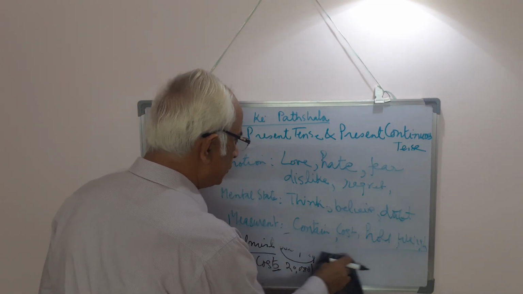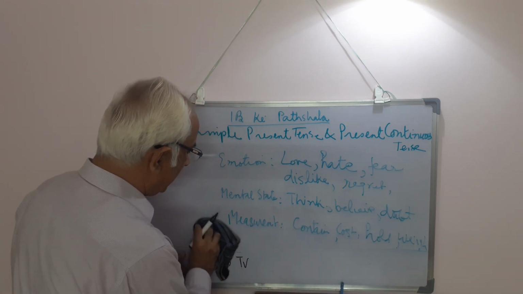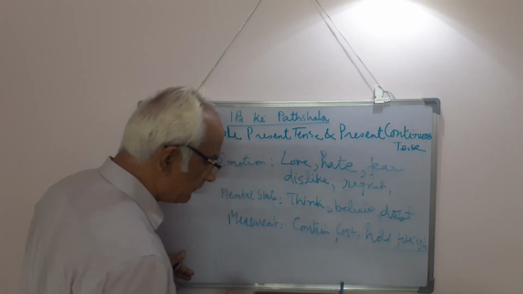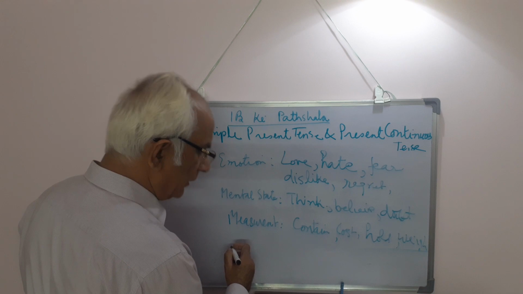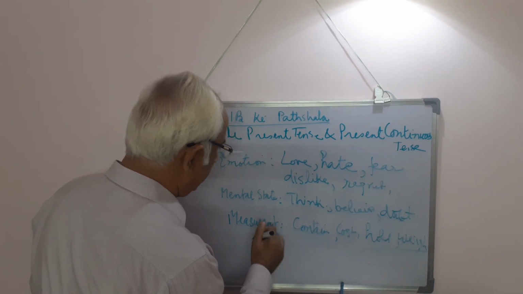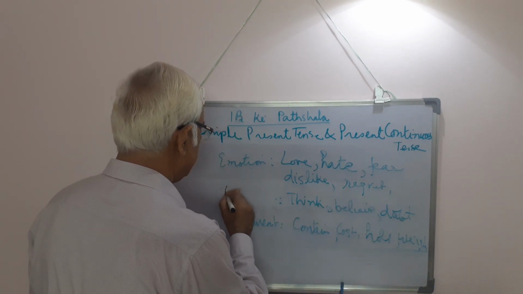So when you use words which describe some measurement or mental state or emotion, sorry, this is opinion. Sorry, mistake. This is opinion.